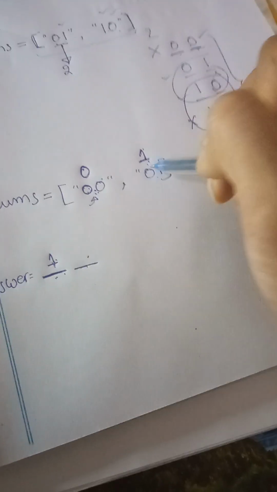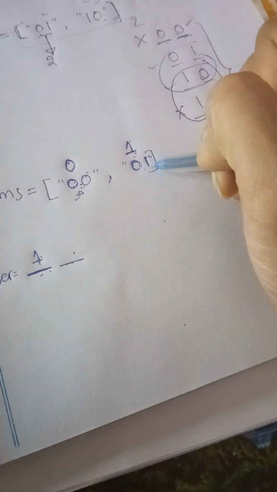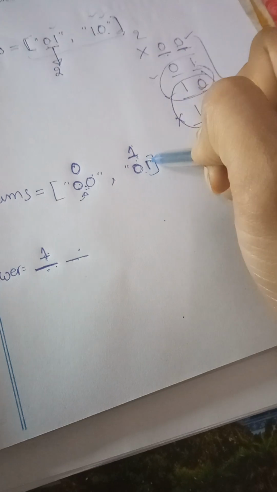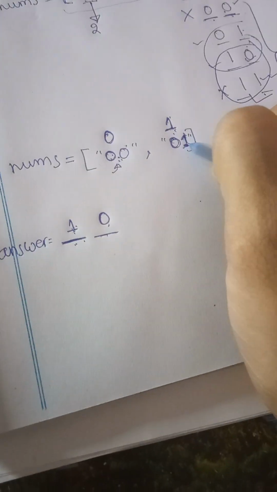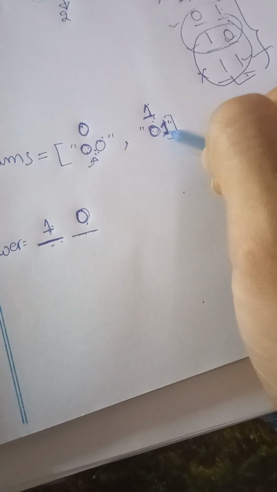Next I will go to this string. Here the index number is 1, so I will check what is at index 1. At this position it is 1, so I will store 0 here, 1's opposite. Why am I storing 1's opposite?